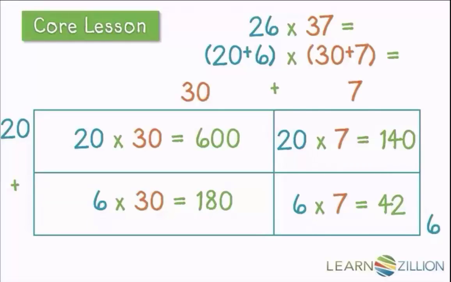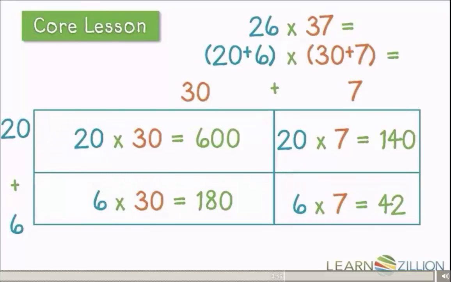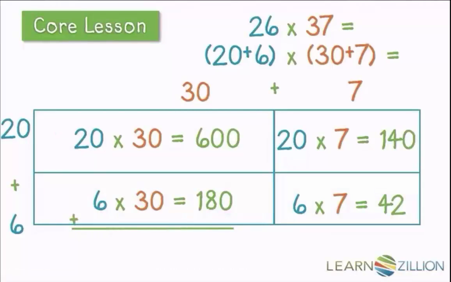Now, we need to put all of those pieces together to find the total of the large rectangle. Here's how I'm going to do it. I'll begin by combining the column of 30 in each row. So our first section is 20 rows of 30 totaling 600 and 6 rows of 30 totaling 180.